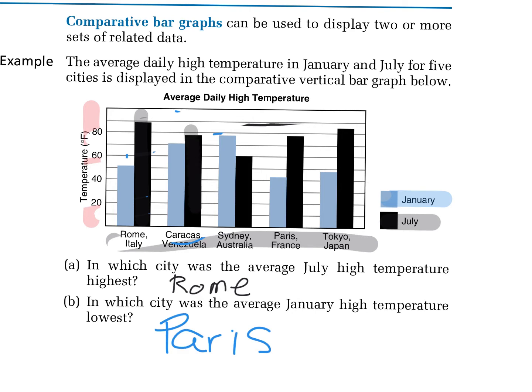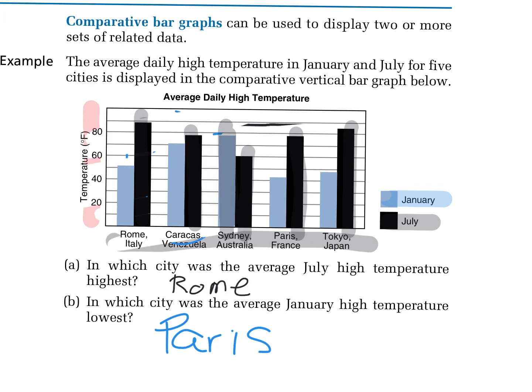Venezuela, July is also the greater. Australia, it says that the January is greater. In Paris, it's July, and in Tokyo is July. So our answer should be Sydney, Australia, because the graph shows that the January high is higher than July.